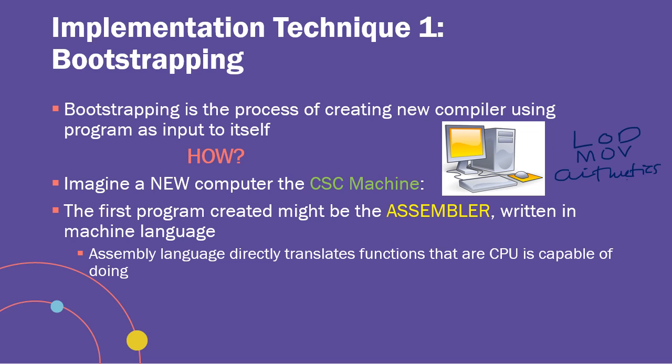So for example, perhaps to load, you need to use the code 010. And then to move, you need to use the code 100. So the first program that is created for the CSC machine might be an assembler, which is written in the machine language of CSC. The assembler is a program that can translate 3-letter codes to this instruction.